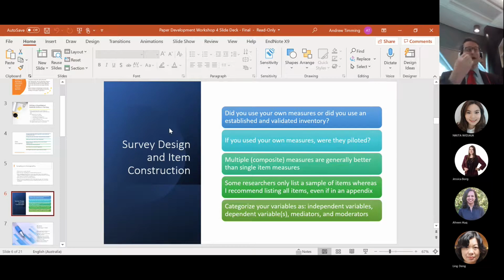But as a reviewer, I'm always left dumbfounded by the fact that I can't see exactly what items were used to measure constructs when people only give a sample. And then, of course, lastly, I would point out that when you're describing which variables you used in your sample, you should categorize those variables as either independent variables, dependent variables, were they mediators, or were they moderators?